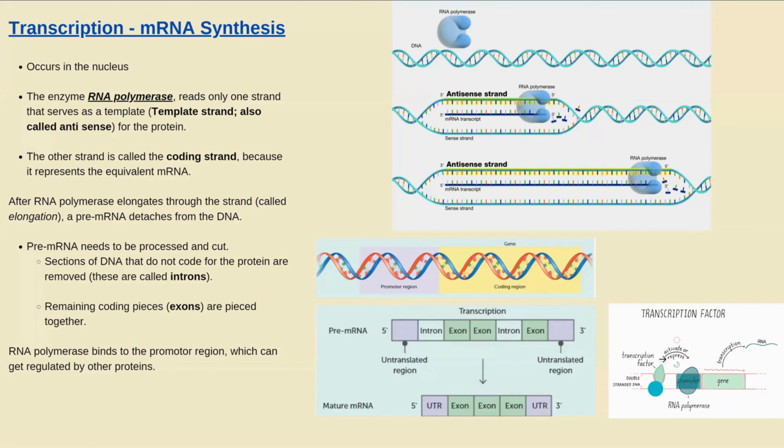An example here is transcription factors that can promote RNA polymerase to transcribe, but there are other factors that can repress or stop RNA polymerase from doing its work. This is more gene regulation, a very interesting topic, but it's beyond the scope of the WACE program.